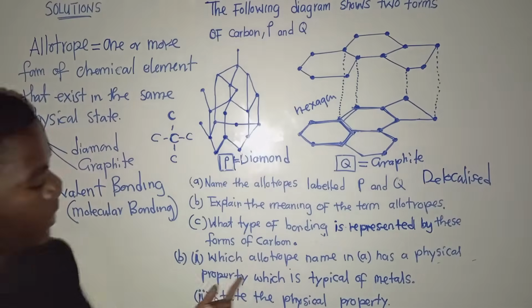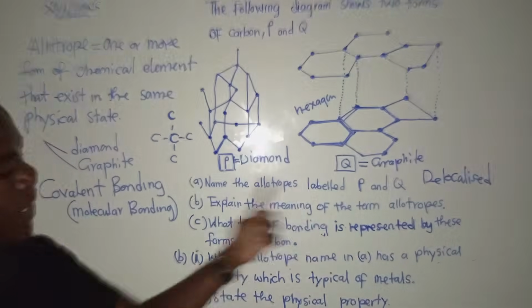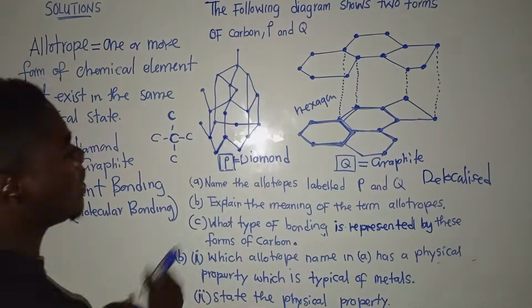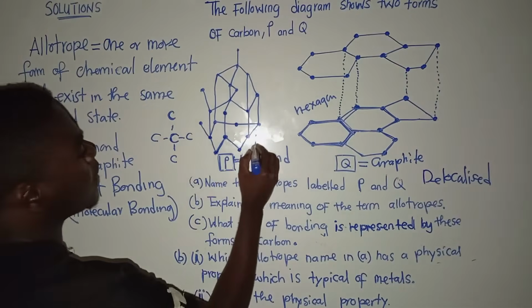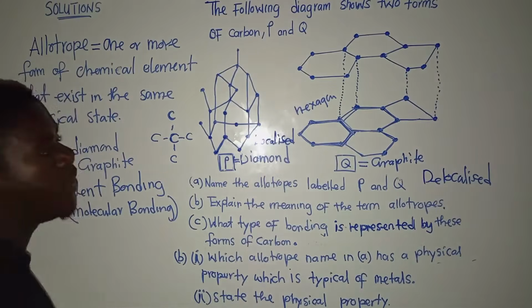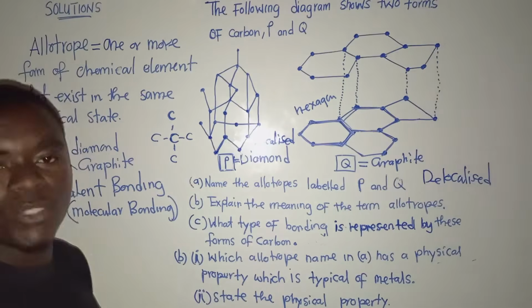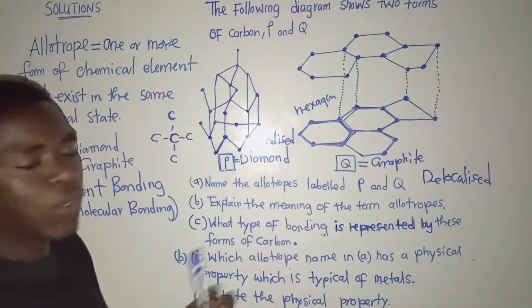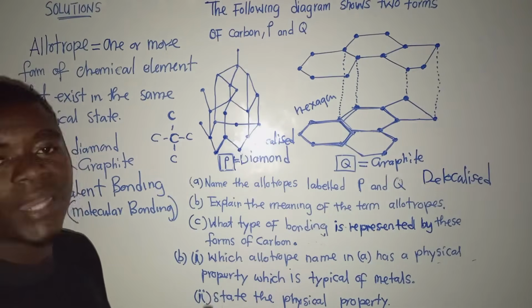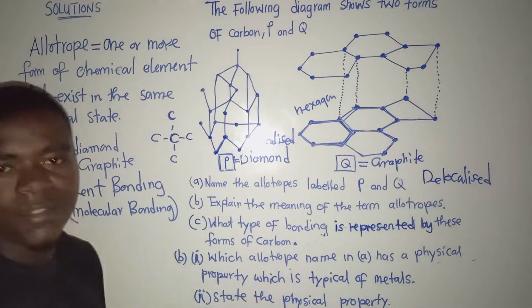So the question is saying, which one amongst these two is made up of delocalized electrons? This one is made up of localized electrons. Electrons are not free to move in a diamond. But this one conducts electricity. Electrons are delocalized here, and localized there.